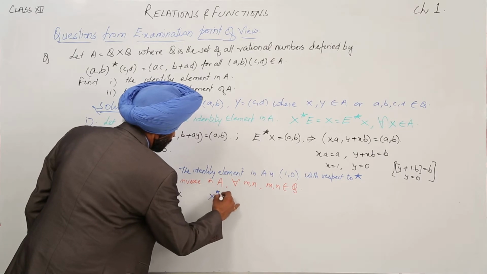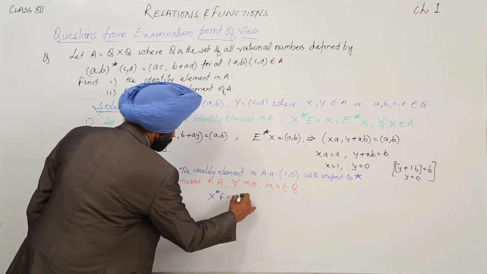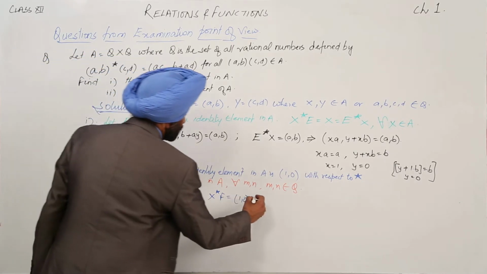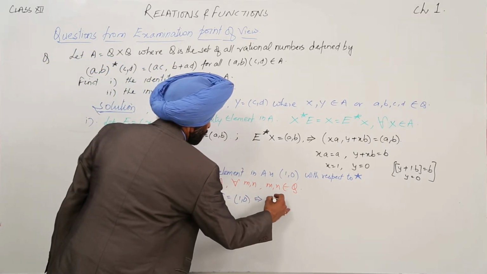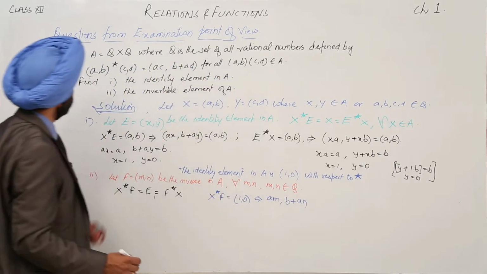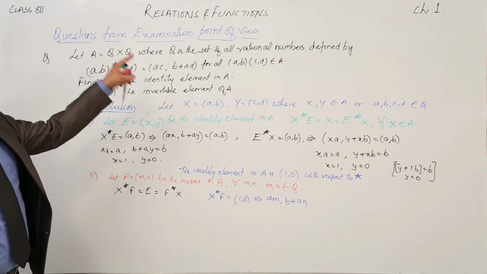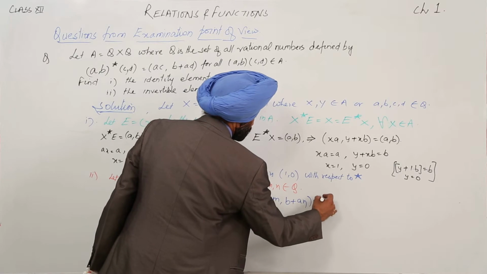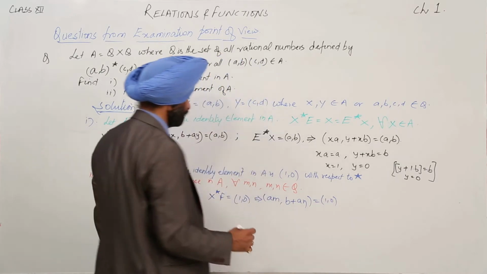Now we are having here, we can write it, x star f is equal to (1, 0), the identity element. And what is x star f now? We are getting (am, b plus an). C for m and D for n. (am, b plus an) is equal to (1, 0).